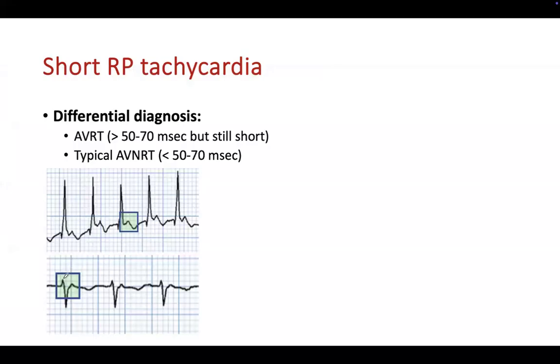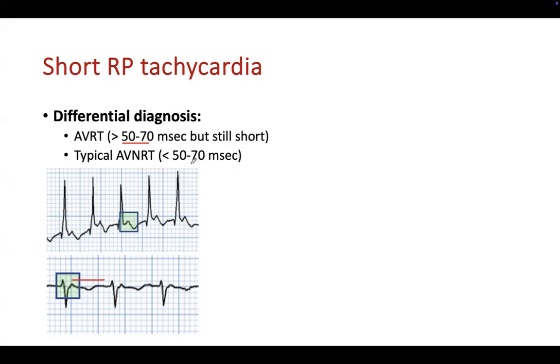meaning the RP interval is definitely shorter than the PR interval. Okay? So this is a short RP tachycardia, and the differential diagnosis is even further narrowed down into AVRT, which is typically above 50 to 70 milliseconds from the QRS onset, the P wave, I mean, or typical AVNRT, which is typically very short.